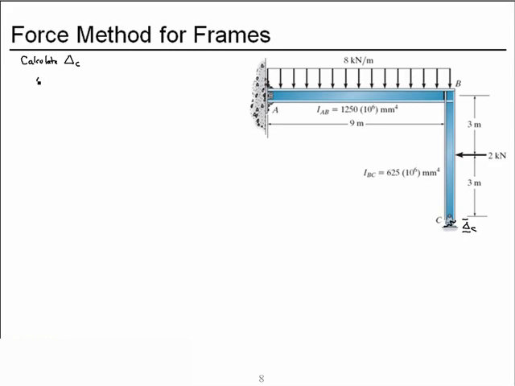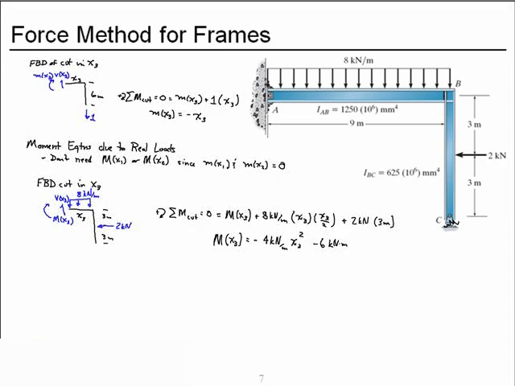So to calculate that using virtual work, we'll sum integral from 0 to L virtual moment times real moment over EI dx. So in the case of this structure, we said that the component here in x1 and the component in x2 each are 0, so we only need to integrate from 0 to 9 meters.